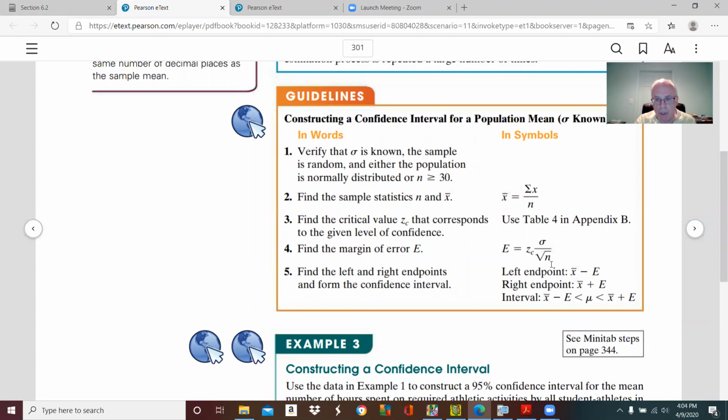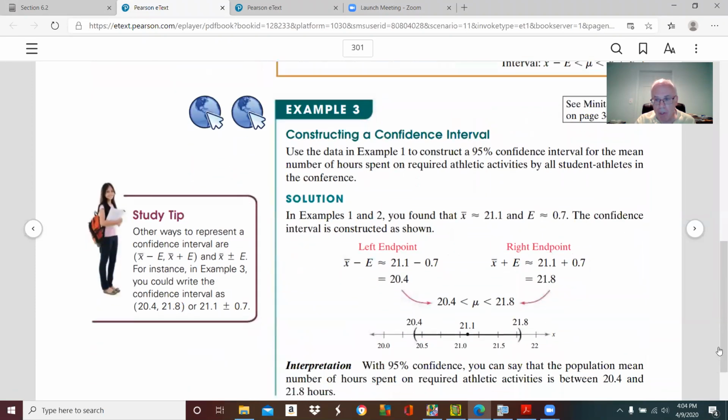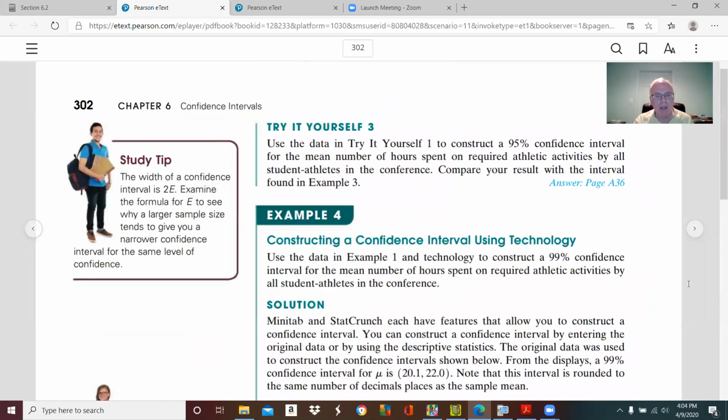And then we take our margin of error. If we calculate it, we subtract it from the sample mean to get the left endpoint of the interval. We add it to the sample mean to get the right end of the interval. Okay. And then we did some examples last time, so you can review that in the video that I did on Tuesday.